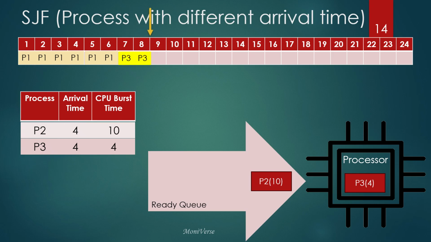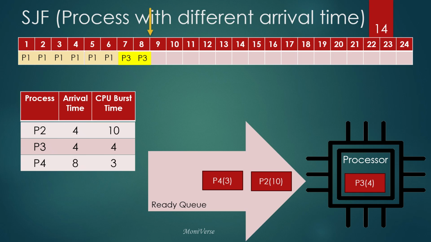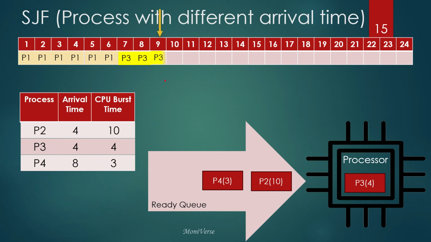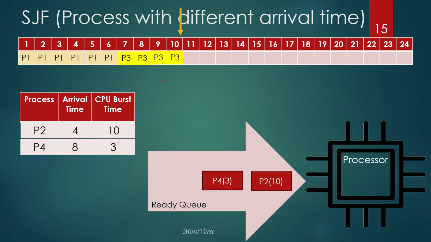So at the 8th unit of time, another process P4 is entering into the queue. As it is non-preemptive, we are not going to disturb the process which is inside the processor, that is the P3 process. Okay, so it is being executed for 2 more units of time. So with this, we have completed the execution of P3. So it leaves the processor.